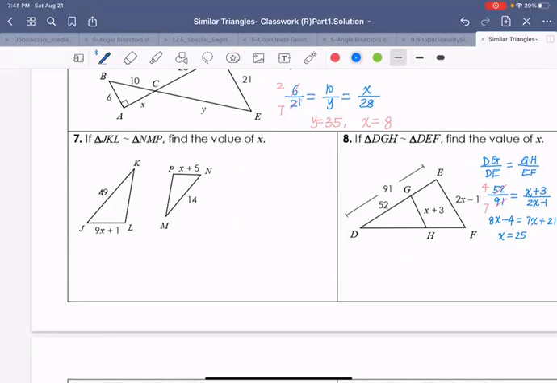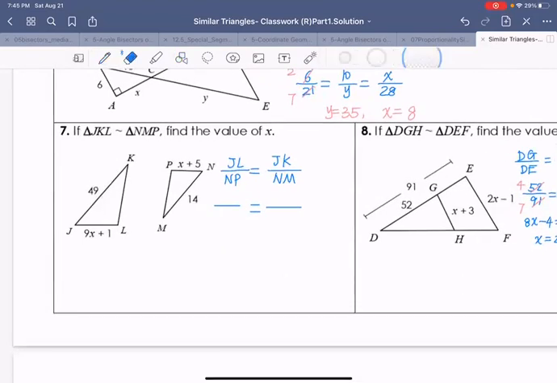JL is equal to NP. So JL over NP equals JK over NM. Okay, continue. And that would be 9x plus 1 over x plus 5.